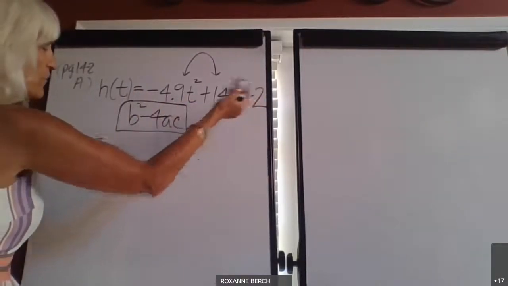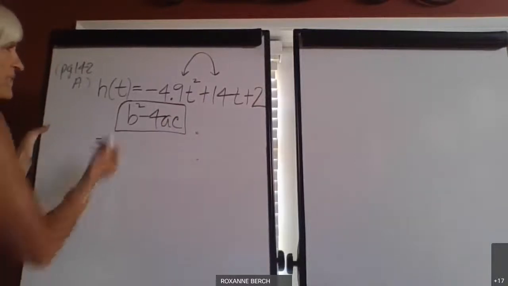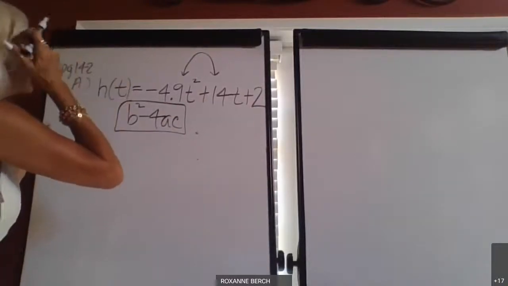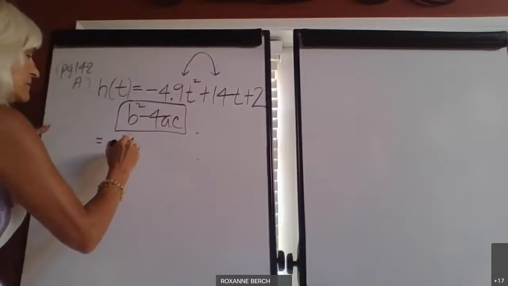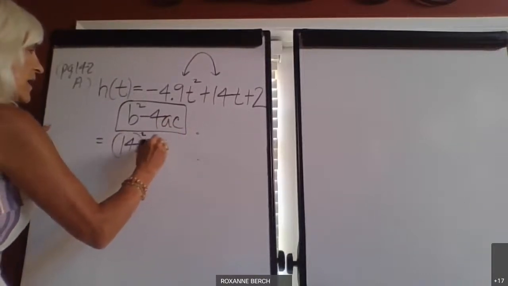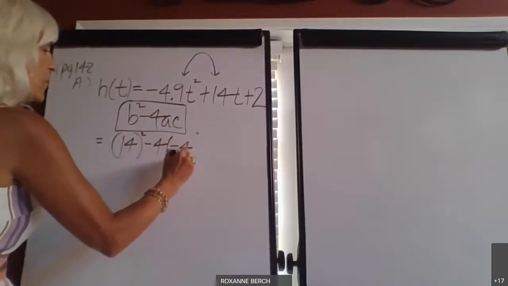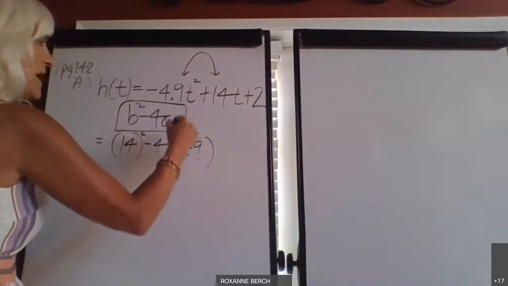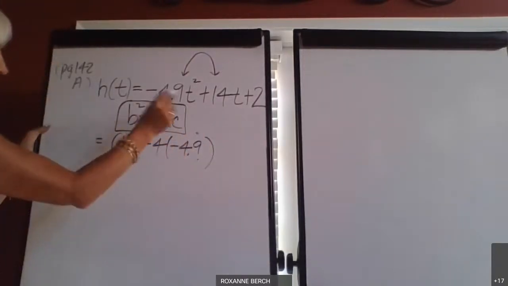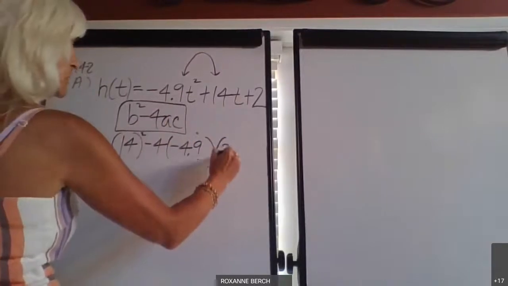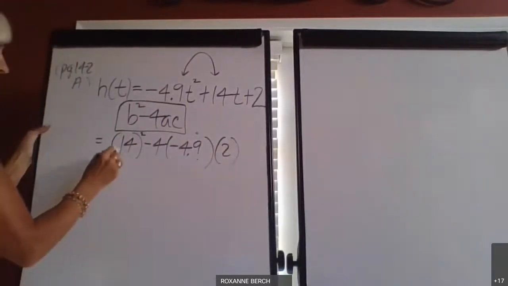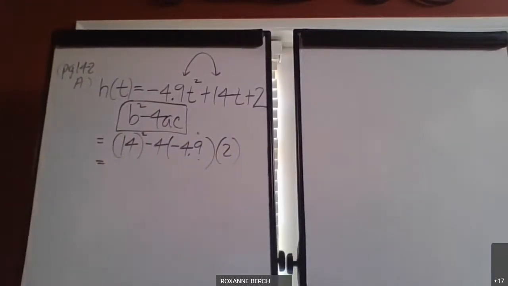So it is in standard form. If I set it equal to 0, fine. B is 14. A is negative 4.9 and C is 2. So what is 14 squared? What's 14 times 14? 196.